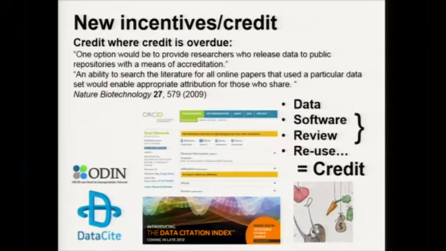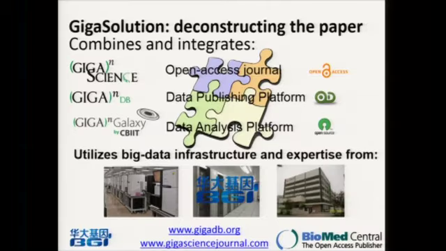So Susanna has done a good job showing that you can now incentivize data release, and we'd like to use similar things for software, peer review, all of these kinds of things, giving credit to these other really important things using this DataCite infrastructure. This is what we've been doing at GigaScience. It's a project hosted at BGI Hong Kong.